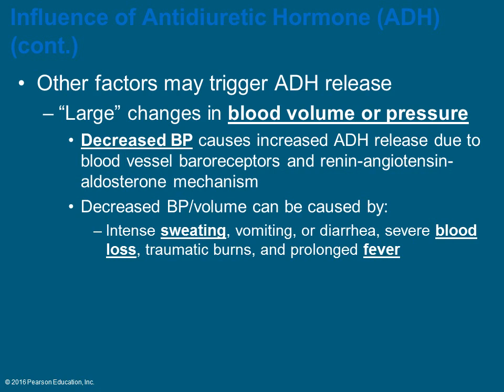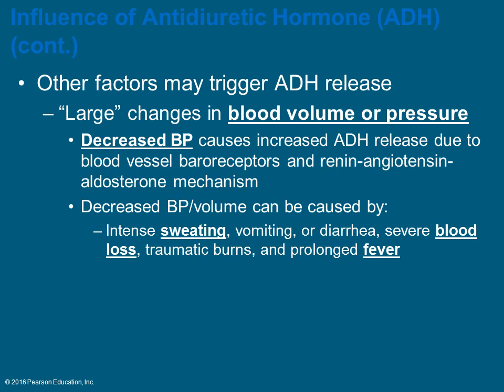If you have a big change in blood volume or blood pressure, if you have a huge decrease in blood pressure, blood pressure is going down, you need to get it up. What do you need to do? Increase ADH release.